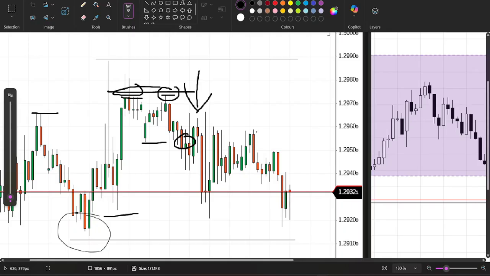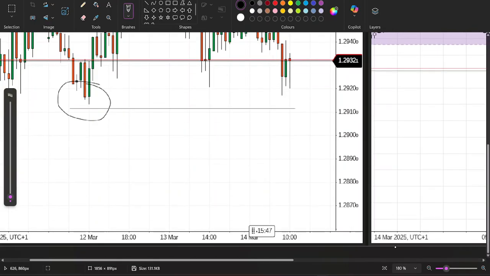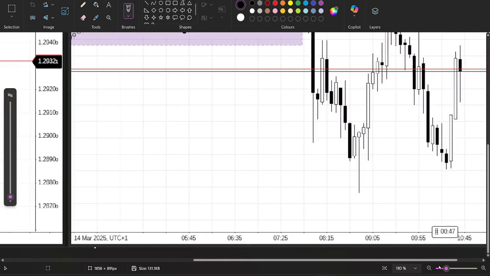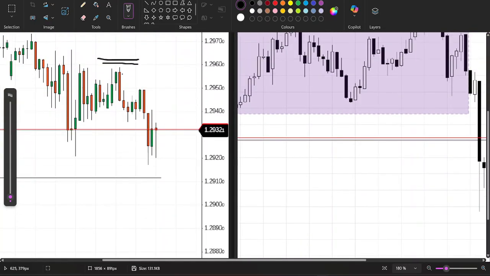We retrace back into it, and there are really no gaps to fill. Maybe here, a small one. But the point is, price is strong from here going down, and then we go back down.